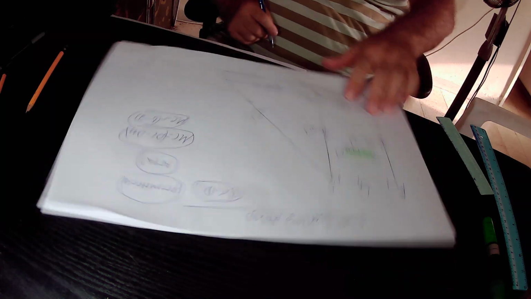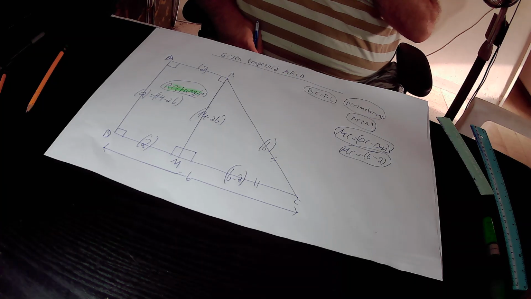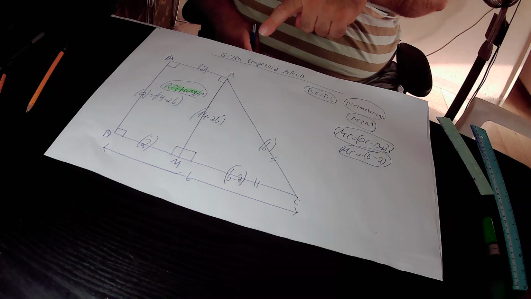In the next step, I'll copy the right triangle BMC onto a new page and apply the Pythagorean theorem in this right triangle BMC.